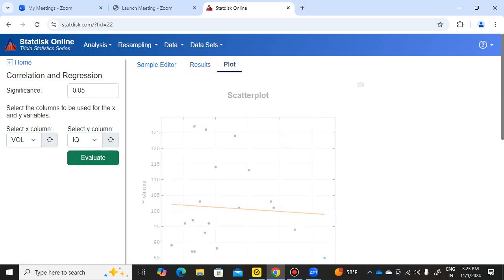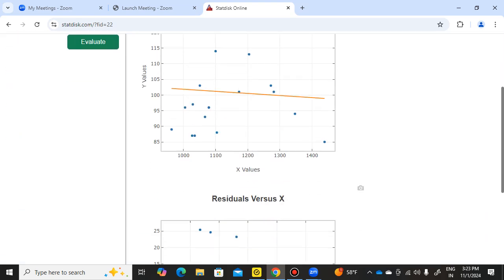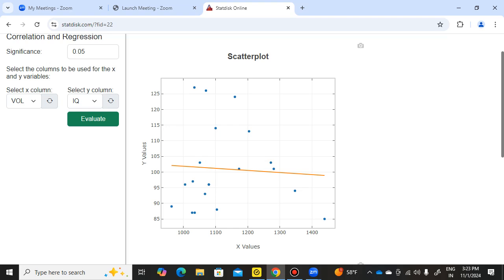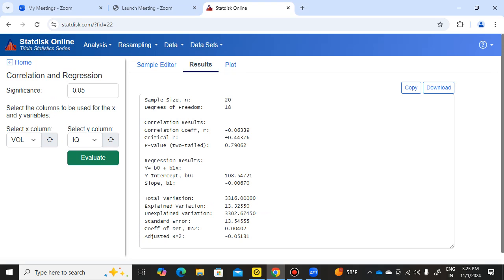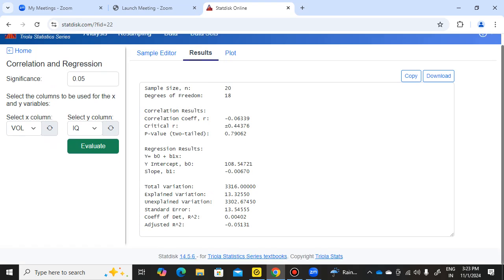Right, so the plot wise doesn't really seem to be all that much of a correlation. Okay, so let's see how the actual results come out to be. Our R value is negative 0.063, really low.